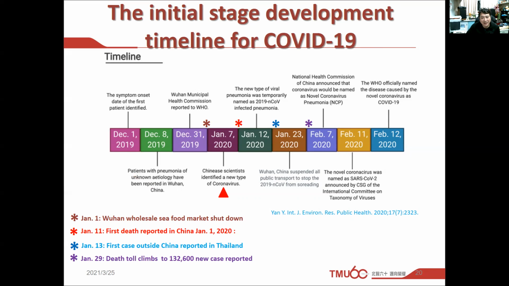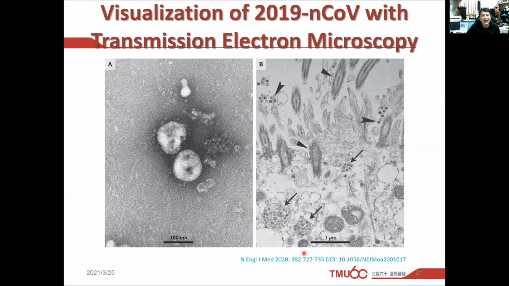Okay, so let's look at what the coronavirus looked like. This image was taken from the TEM, and the sample was derived from bronchoalveolar lavage fluid from the patient, and also from tissue. You can see that's a virus, a core protein and protein envelope covered with a lot of spikes on the edge here.